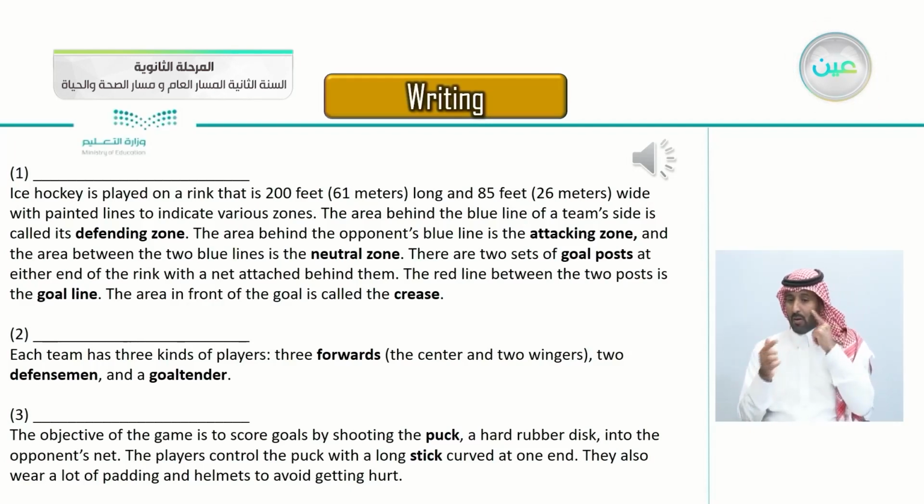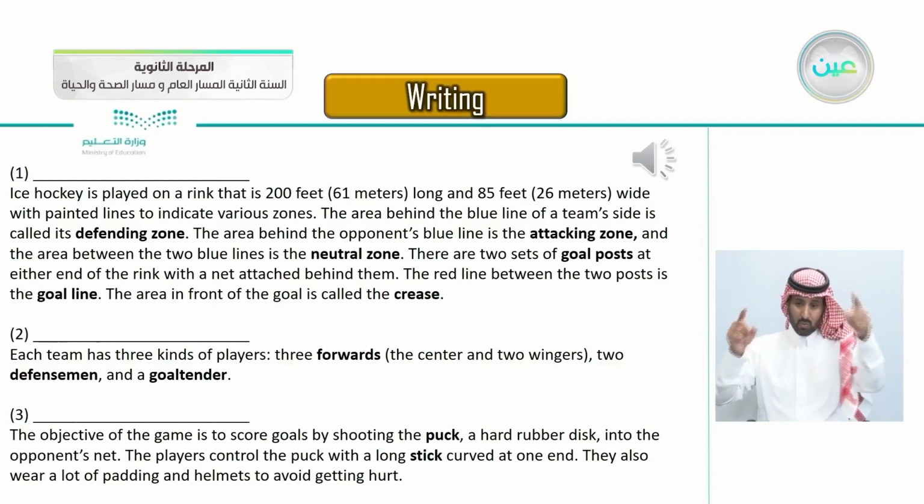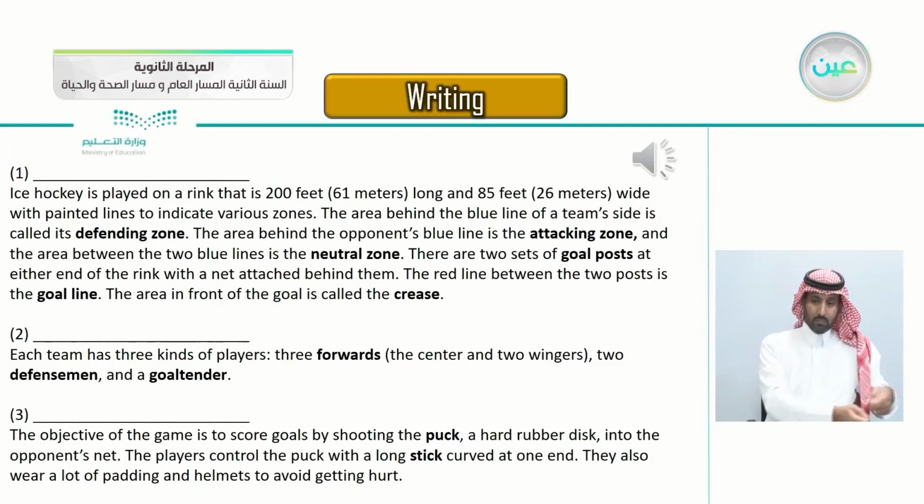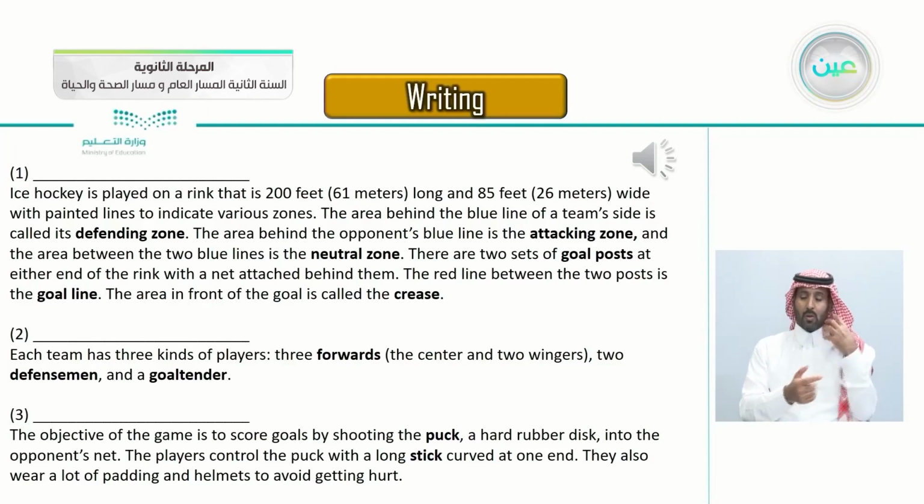The red line between the 2 posts is the goal line. The area in front of the goal is called the crease. Each team has 3 kinds of players: 3 forwards, the center and 2 wingers, 2 defensemen, and a goaltender. The objective of the game is to score goals by shooting the puck, a hard rubber disc, into the opponent's net. The players control the puck with a long stick curved at one end. They also wear a lot of padding and helmets to avoid getting hurt.